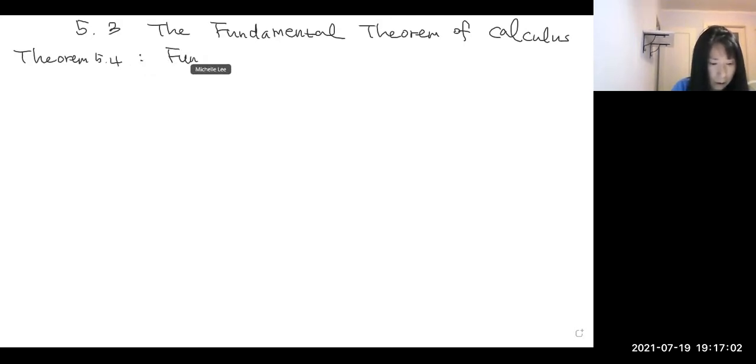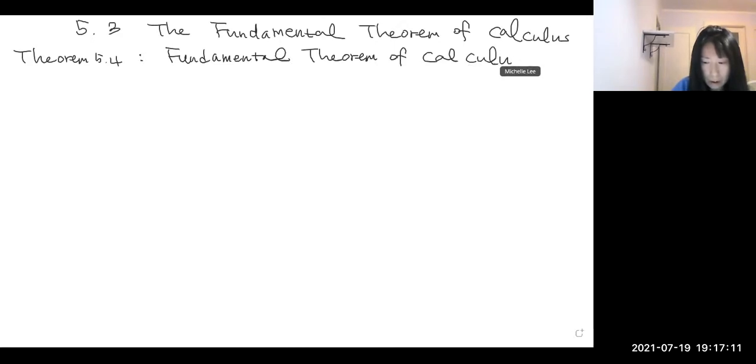So fundamental theorem of calculus, part 1.